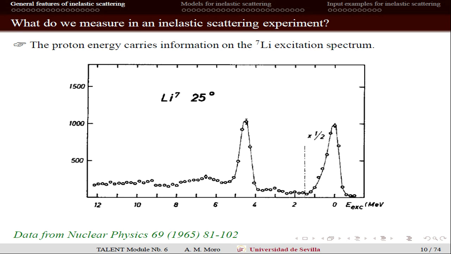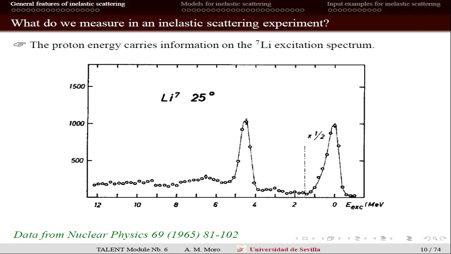So this is a real spectrum of this experiment. Of course, we do the experiment in the laboratory, so we eventually have to convert from laboratory to center of mass. There are some kinematical expressions that take place, but we will not enter into these complications. As I said before, from the proton energy we can directly obtain information about the excitation energy.